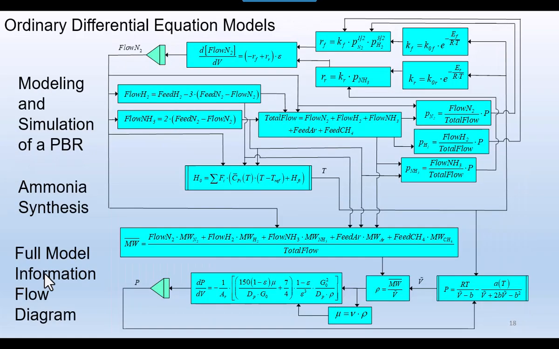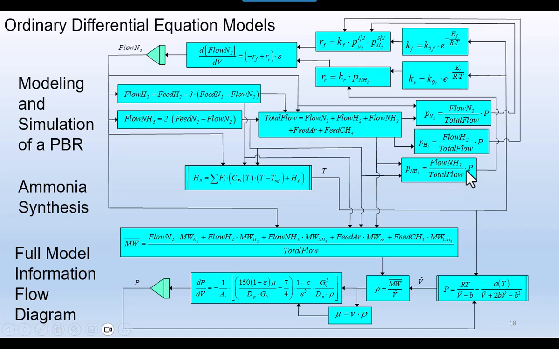So let's move on and now do the final simulation for this model, which is the full model, all right? And here the information flow diagram is a little more complicated. The top end is very similar up here with our rates and solving the equation for nitrogen, stoichiometric relationships for hydrogen and ammonia, our total flow, and our calculation of partial pressures.